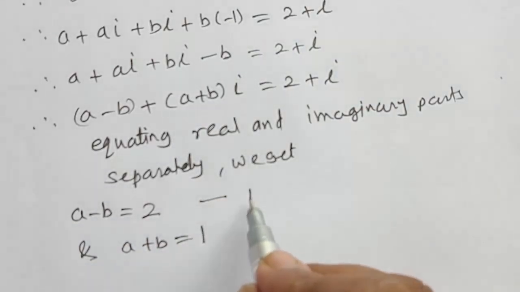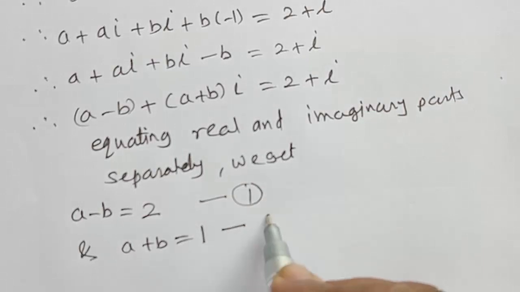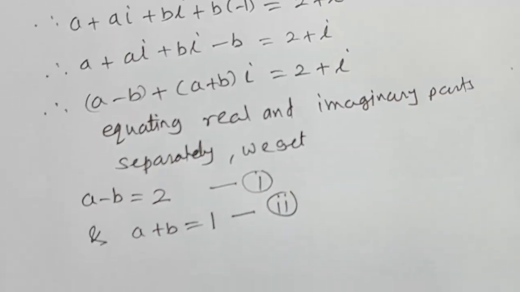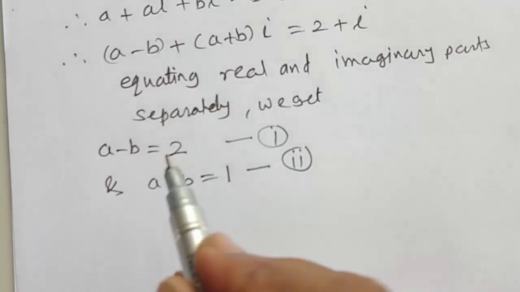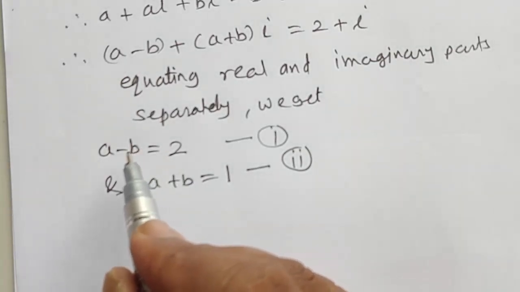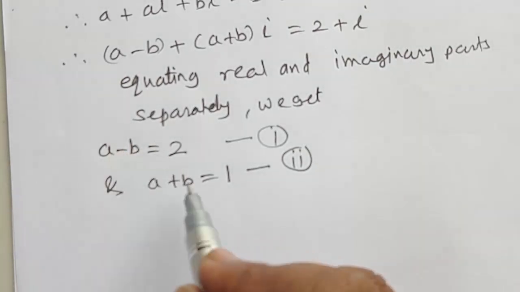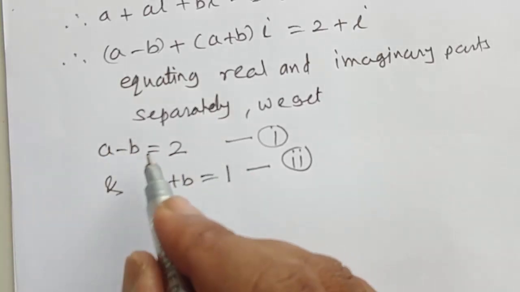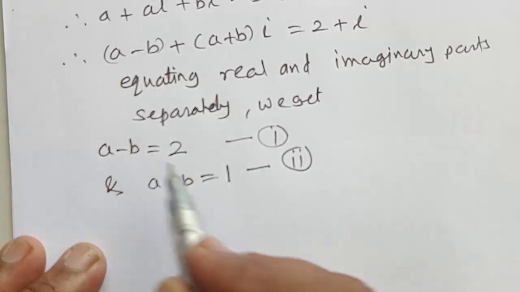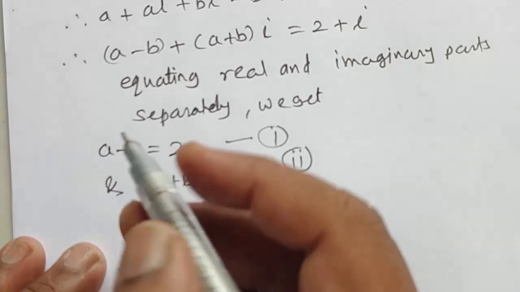So, we got two relations, relation number 1 and relation number 2. Now, in order to find the values of a and b, we add or subtract. If we add, minus b plus b get cancelled.